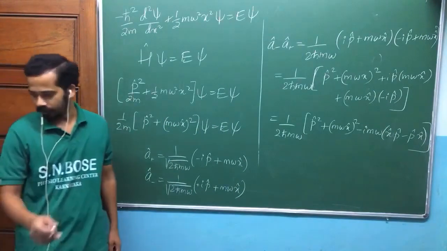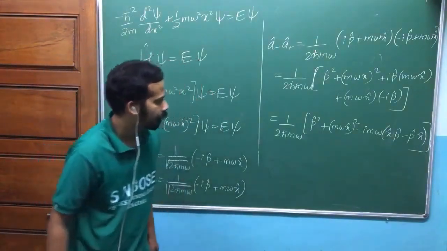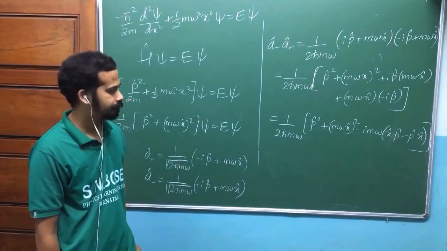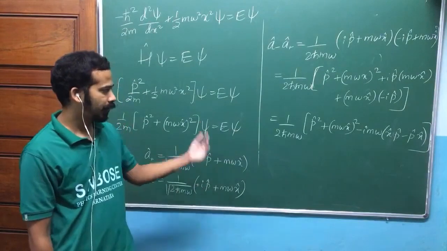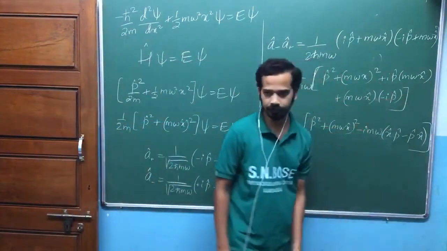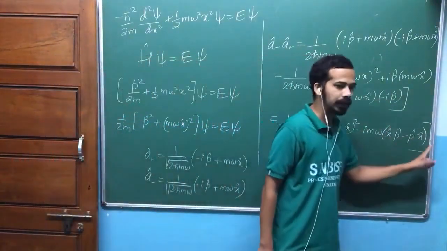Is that over? x cap p cap minus p cap x cap. I'm taking minus i m omega common, so I'll write this part first, then this part. Okay. Now we shall see what this operator is equivalent to.